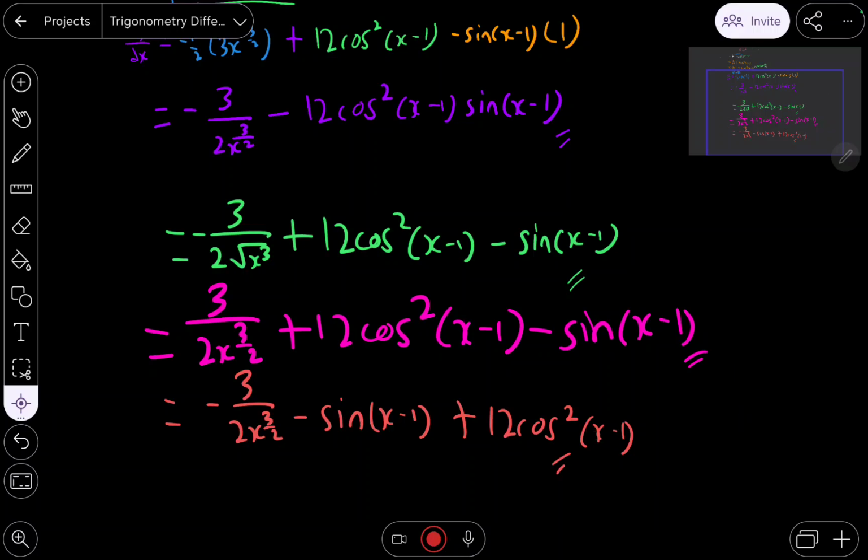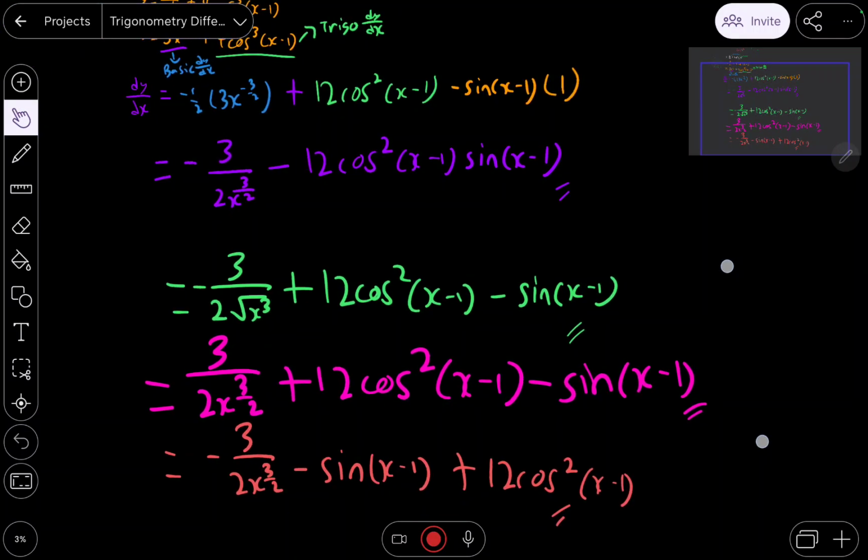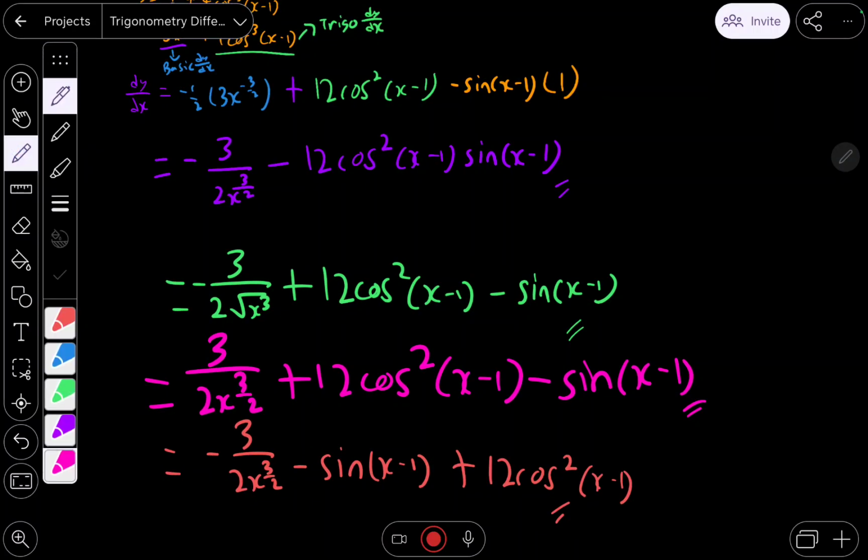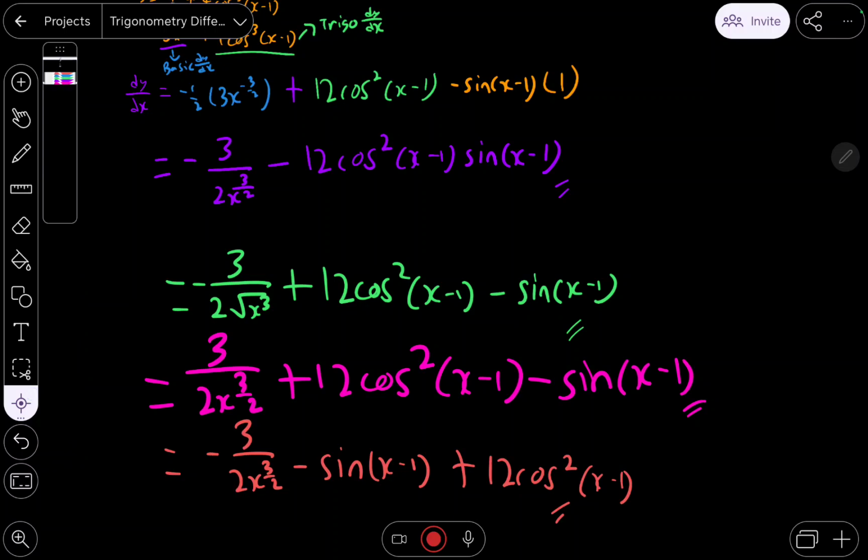So if you ask me how I would want to leave my answer, which way I should leave it in, I will leave my answer in the pink way, if not the purple way. I will not leave it in the green way because you need to change your x to the power of 3 over 2 to the square root of x cubed. So the pink, purple and red ways are the best ways you can leave it in.